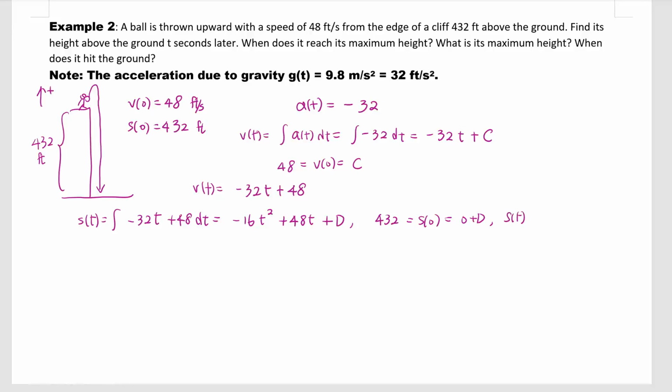And s of t is negative 16t squared plus 48t plus 432.